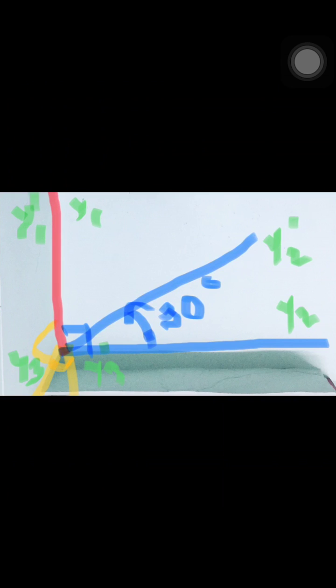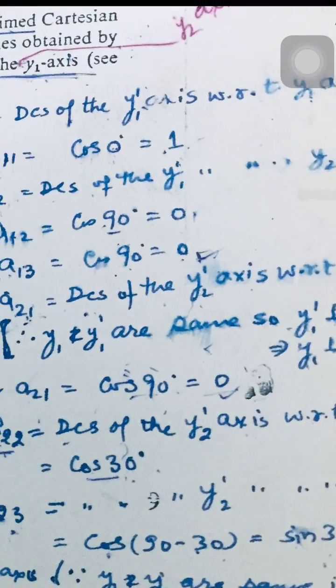So the angle is always 90 degrees with the floor. y2 and y2 dash have an angle of 30 degrees of rotation, and y3 and y3 dash also have an angle of 30 degrees, but the angle of y1 or y1 dash with the y2 and y3 axes or y2 dash or y3 dash axes is the same, 90 degrees. The remaining angles are calculated in this way. So you can now understand easily.